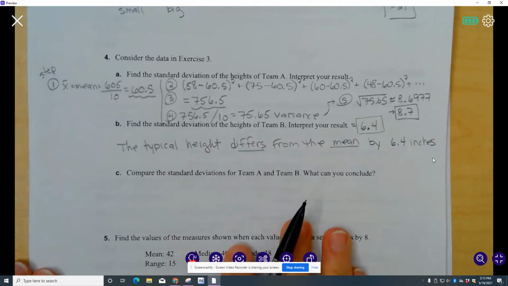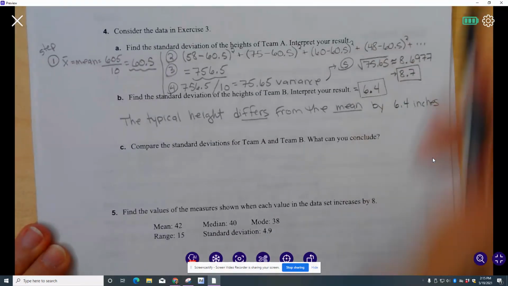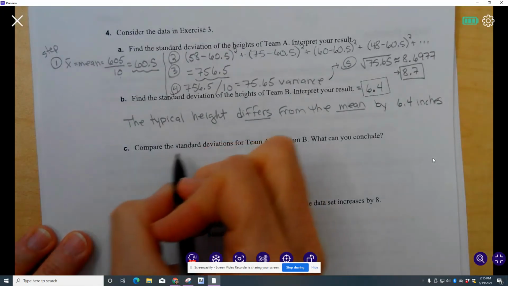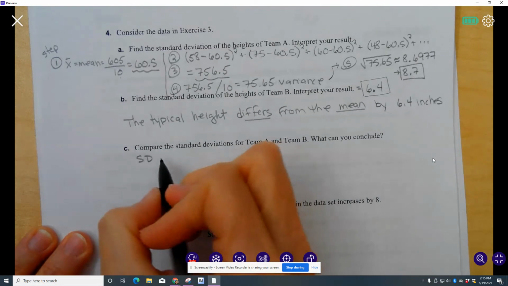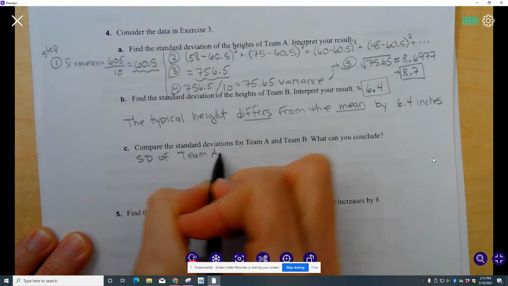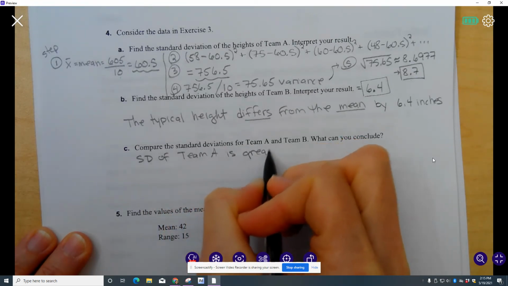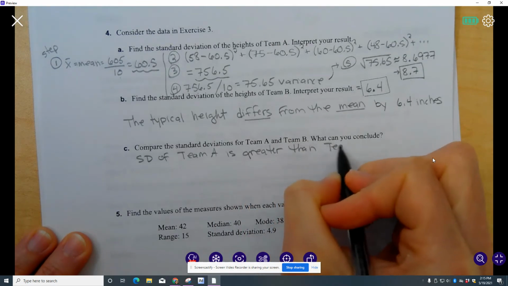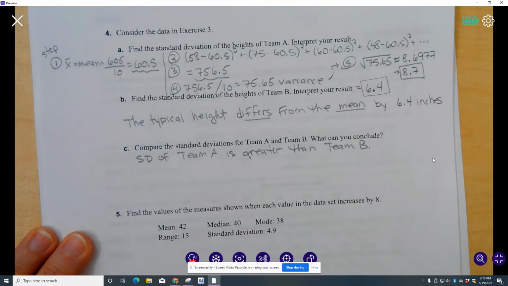Okay, so what does this mean? It says compare the standard deviations of team A and team B. What can you conclude? So the standard deviation, I'm going to abbreviate this, SD, standard deviation of team A is greater than team B. So what does that mean?